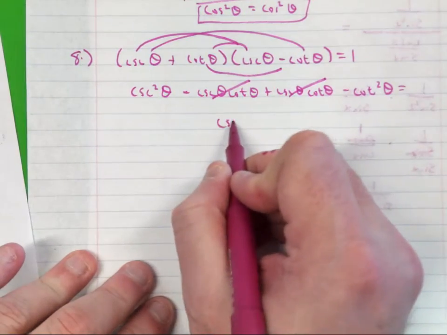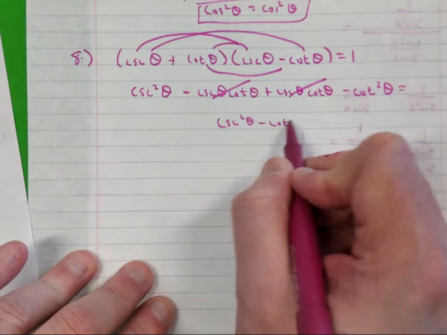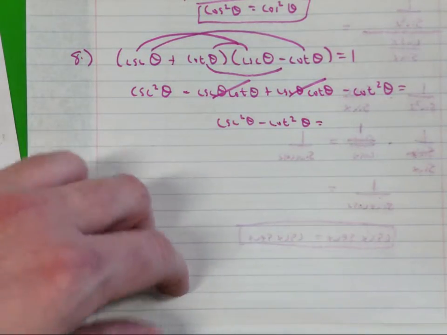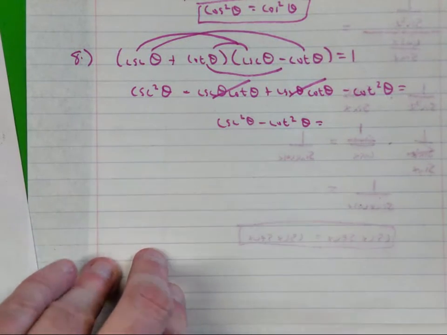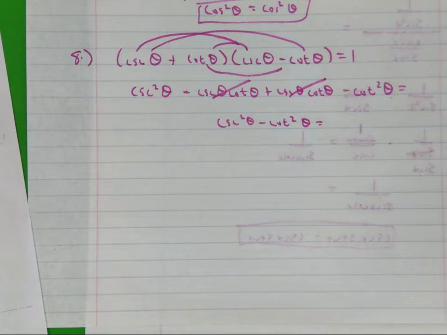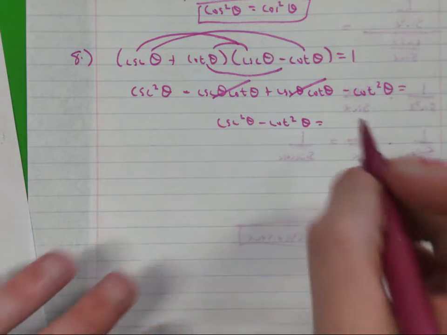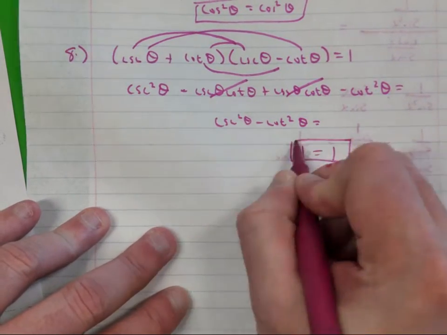So you're left with cosecant squared minus cotangent squared. Now, ding, ding, ding. What do you see in both of those? Very good. Now go to the original one right here. The original one. I need one to be cosecant minus cotangent. Well, cosecant's positive. If I brought cotangent over, it would be negative, wouldn't it? What is that equal to then? Is that what I try to prove? And that's my answer.